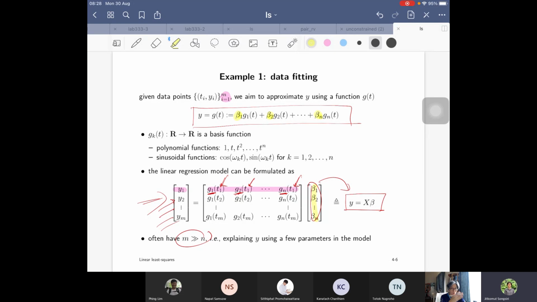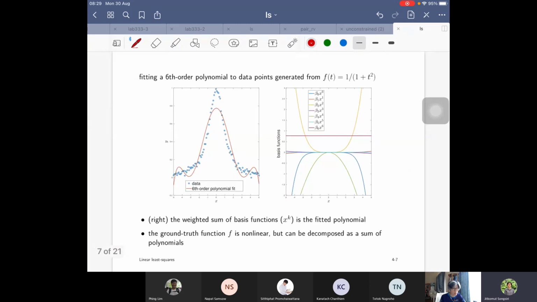But whenever your output y can be parameterized linearly in beta, then it's guaranteed that you will be able to write it in a linear form. So you can just form this matrix vector equation, and then solve it with least squares.